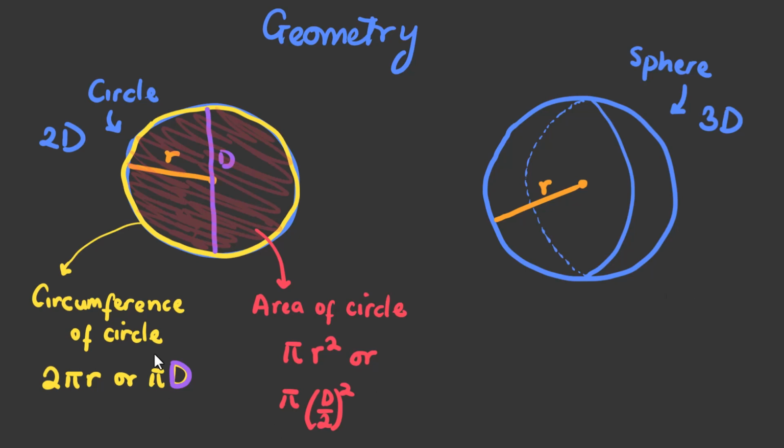So these are the two parameters that you can extract from a circle based on the radius or based off the diameter.